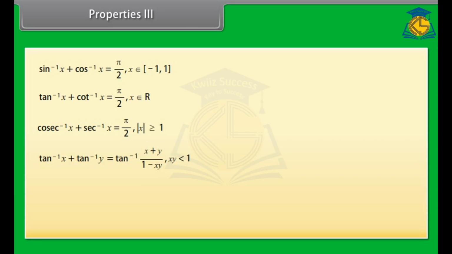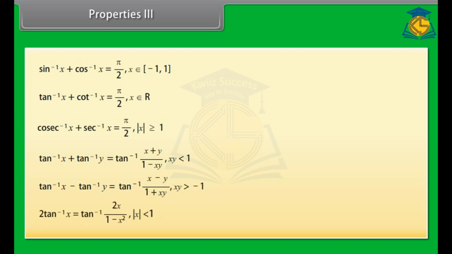Tan inverse x plus tan inverse y is equal to tan inverse of (x+y)/(1-xy), xy less than 1. Tan inverse x minus tan inverse y is equal to tan inverse of (x-y)/(1+xy), xy greater than -1.